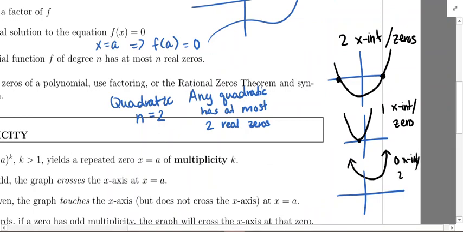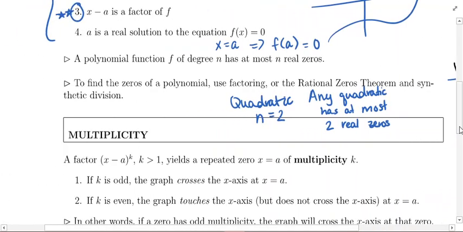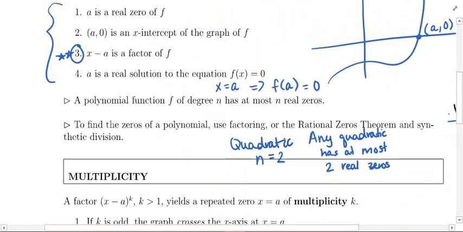Or zeros. So what this statement is saying is that if you have a polynomial function of degree 2 in this case, that means it can have at most 2 real x-intercepts or zeros. That means it can have 2 x-intercepts, it can have 1 x-intercept, or it can have none.